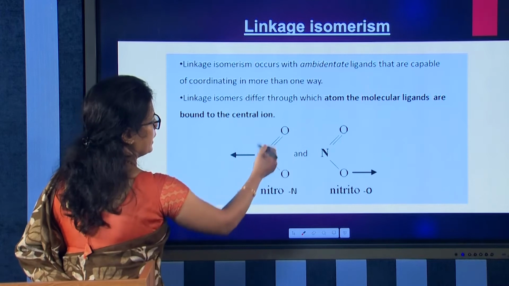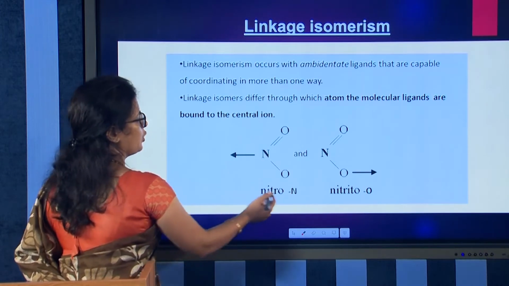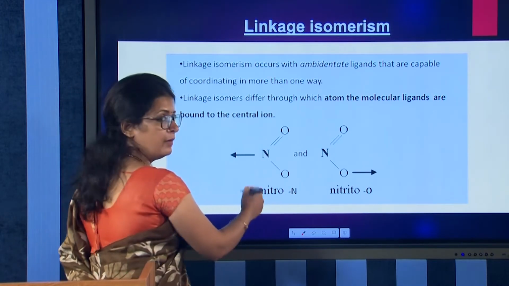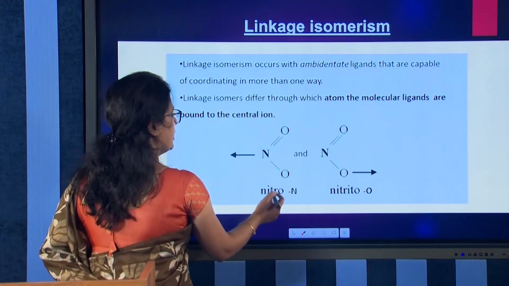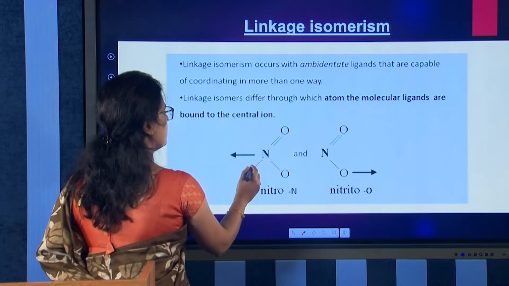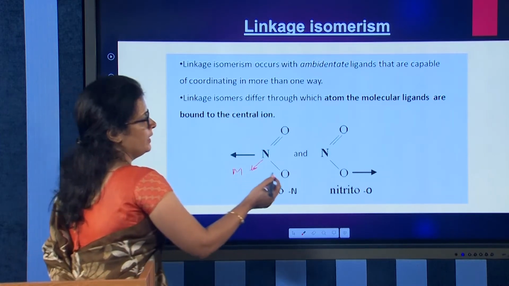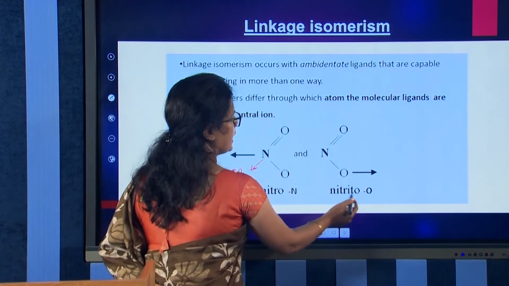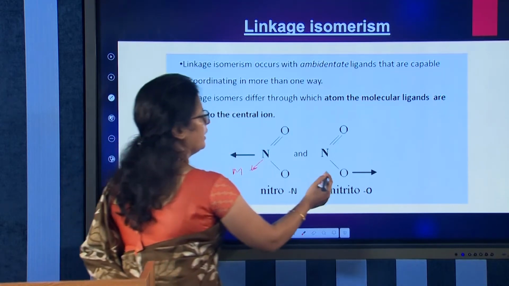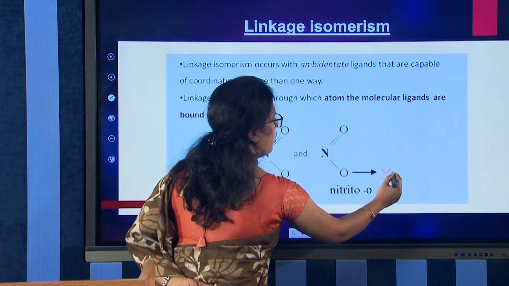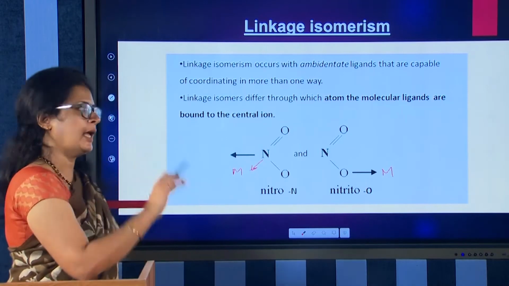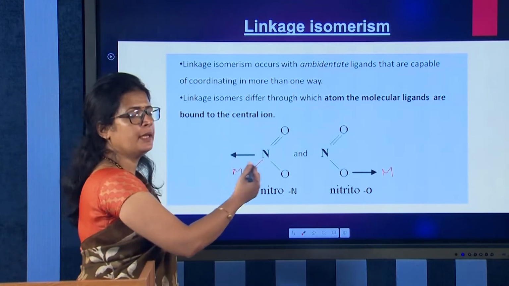This is nitro, and it is through nitrogen to the metal. When it is ONO, it is nitrito, where oxygen is the donating atom. So these are examples of ambidentate ligands.